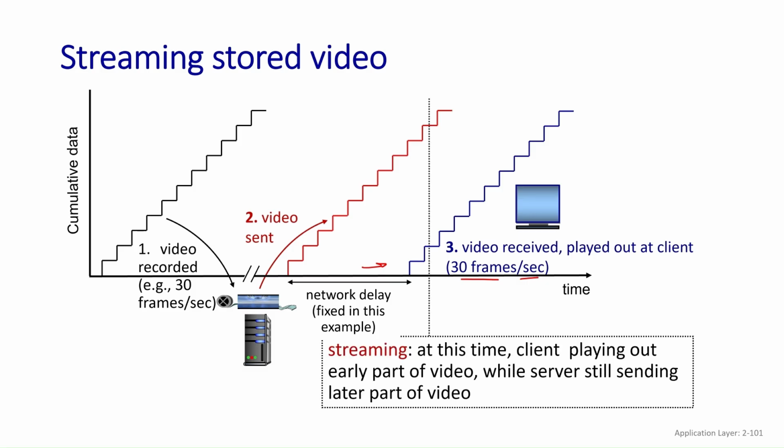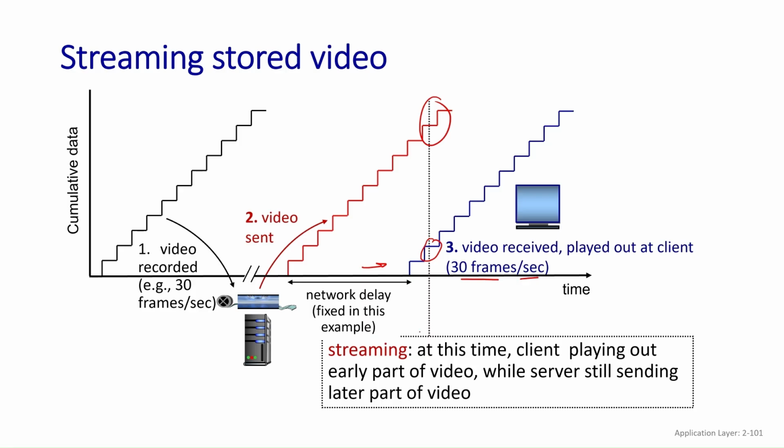But there is an important thing to note here. While the client is playing this part of the video, the server is done transmitting some later part of the video. That's why we call it streaming.